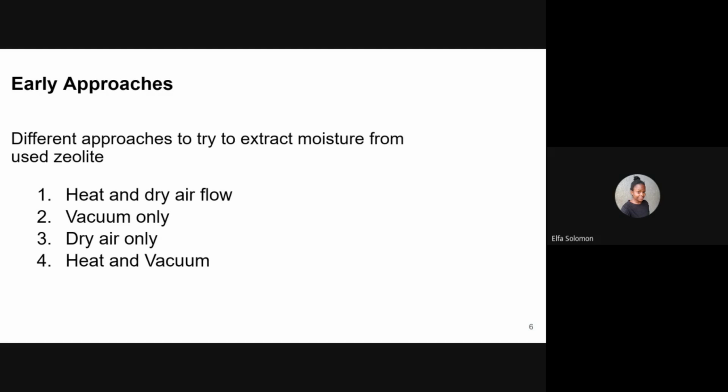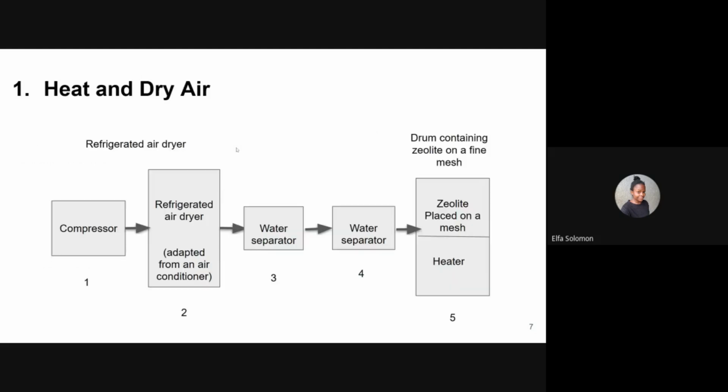Some of the approaches are the use of heat and dry airflow. We also tried to use vacuum only. We tried to use dry air only, as well as the use of heat and vacuuming at the same time.